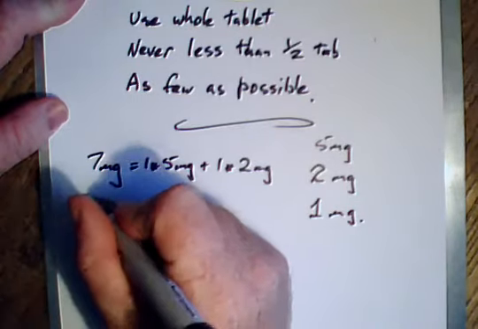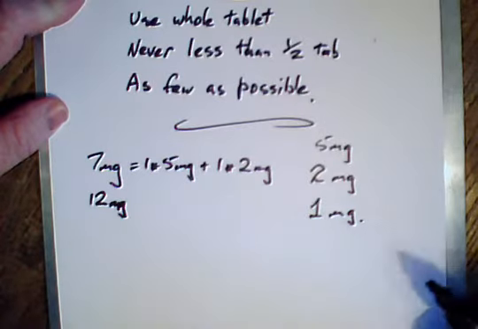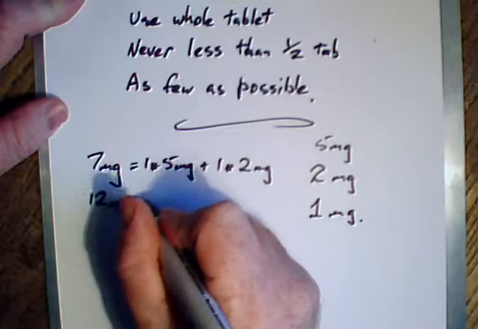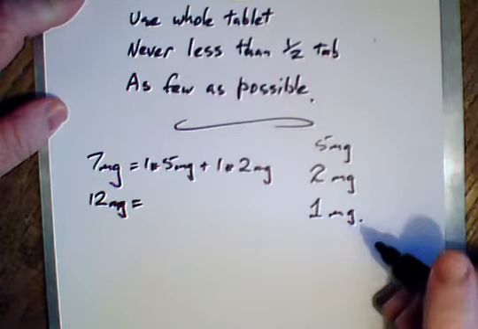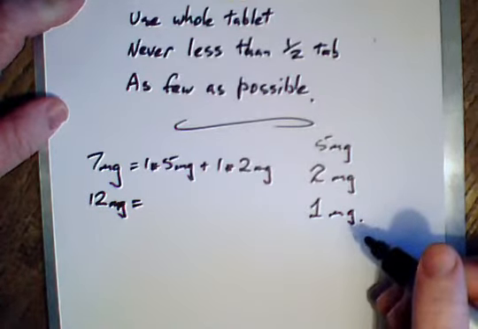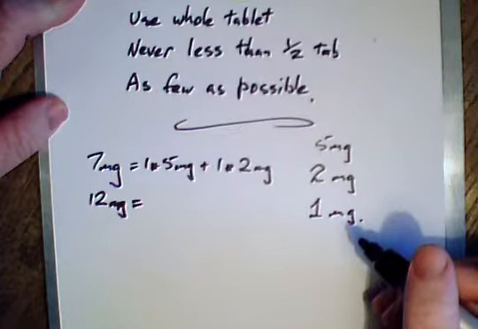Okay, so let's go another one. 12 milligrams. Okay, now same thing. We're after the minimal dose. We could give out 12 tablets, but you're going to likely drop some of those, and there's too many. They're going to end up choking and all sorts. So the idea is to try and keep it minimized.